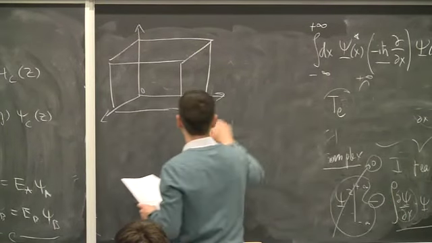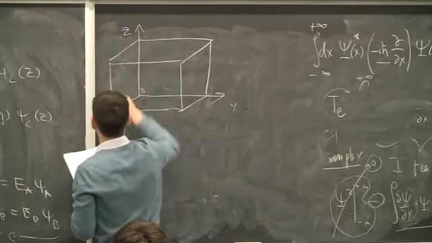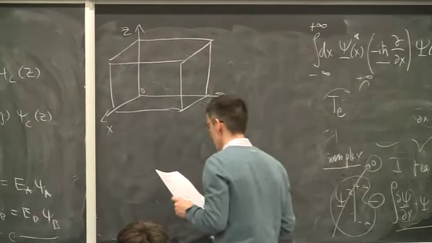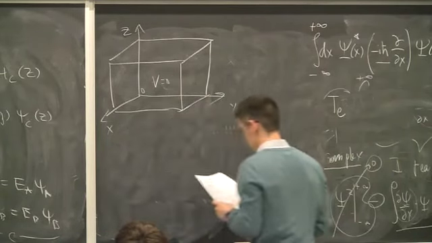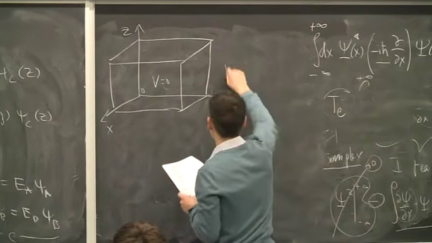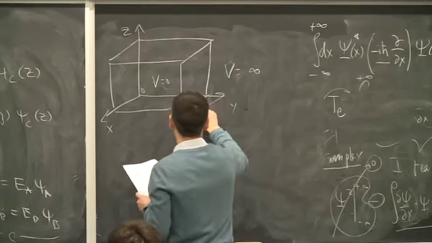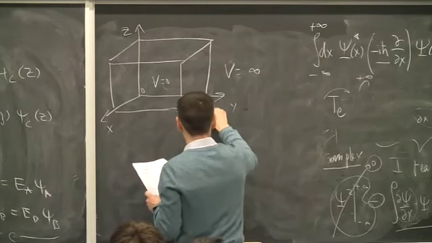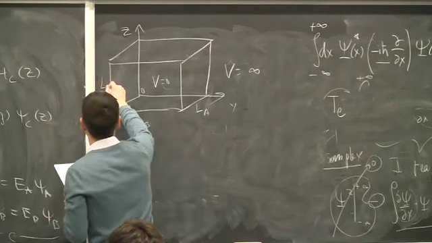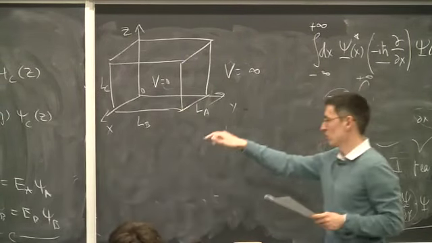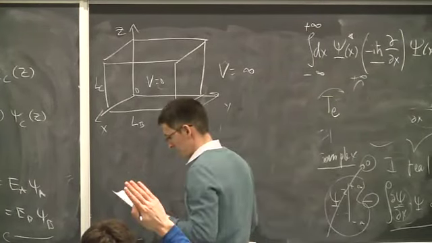So we have 0 here, y, z, x, and inside we have a potential equal to 0. Outside we have potential infinity, and the box dimensions correspond to L subscript A, L subscript B, and L subscript C, right?